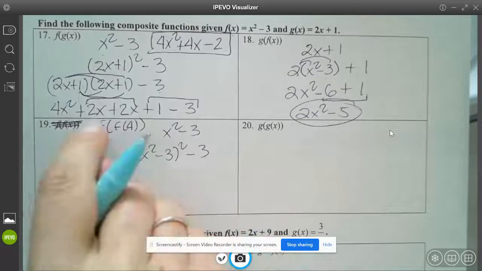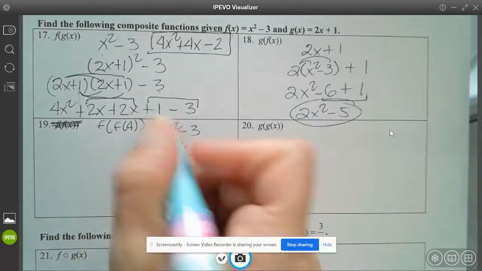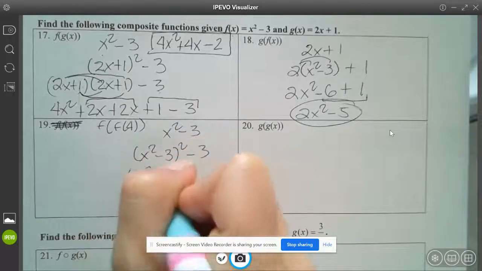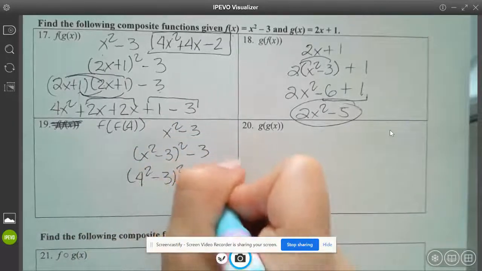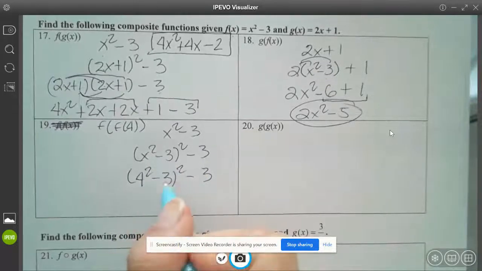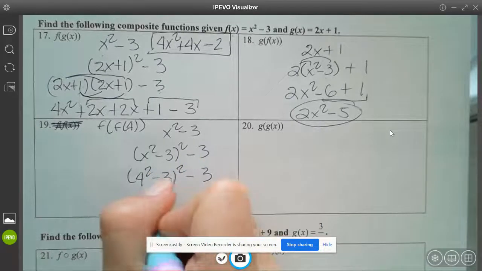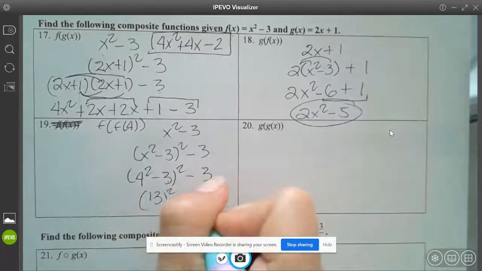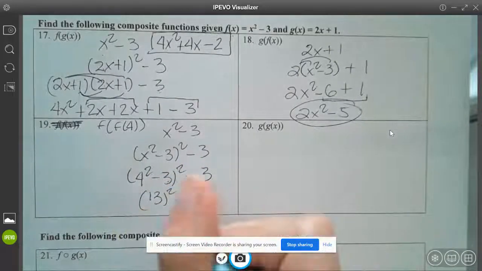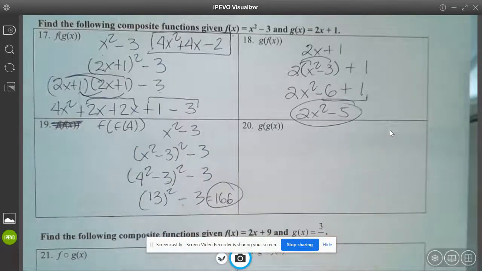And then I have the value for x here. I can just plug it in here. And then 4 squared minus 3 squared minus 3. And then put this in the calculator too. That's 16 minus 3. That's 13. 13 squared minus 3. How much is that? 169. 169 minus 3 is 166. And that is it. My answer.